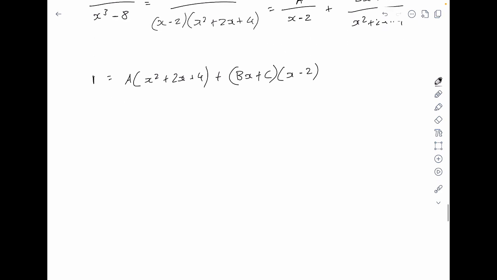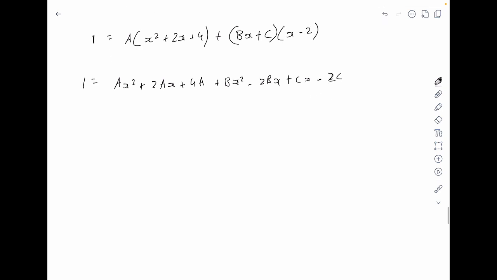Right? And in this example, it could be easy enough to just, let's be concrete here. Say ax squared plus 2ax plus 4a plus bx squared minus 2bx plus cx minus 2c. Okay, now if we factorize this, put it all together, x squared, x, constants.